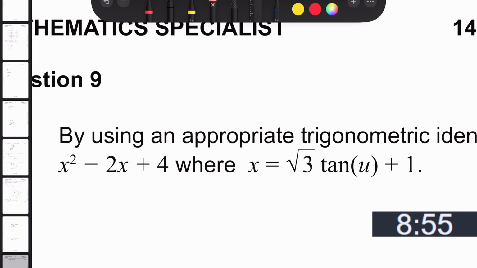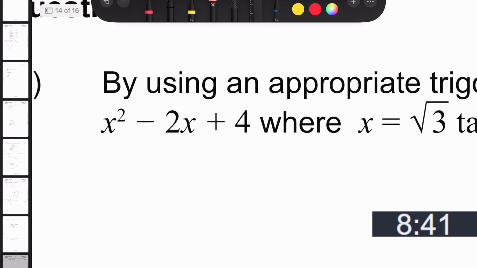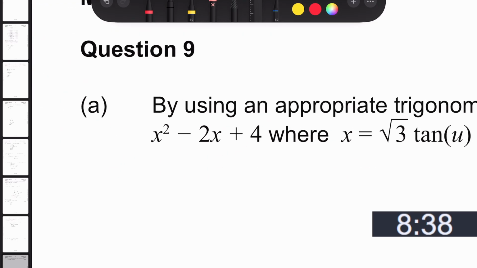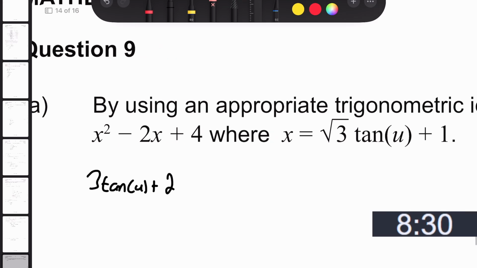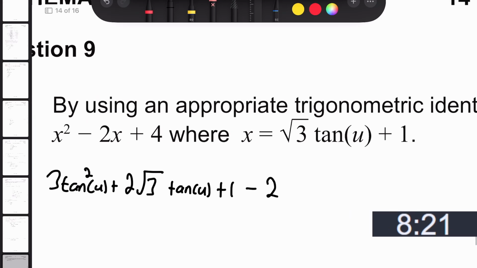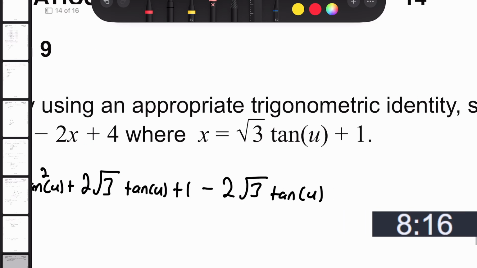So tan of u, so let's just sub this in. So this is going to be 3 tan of u plus 2 square root of 3, squared, tangent of u plus 1 minus 2 square root of 3 tangent of u plus 4.